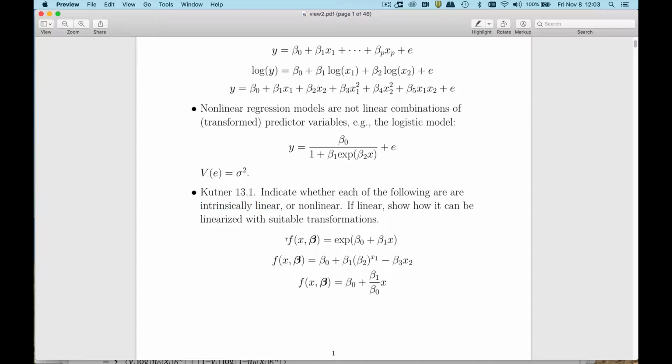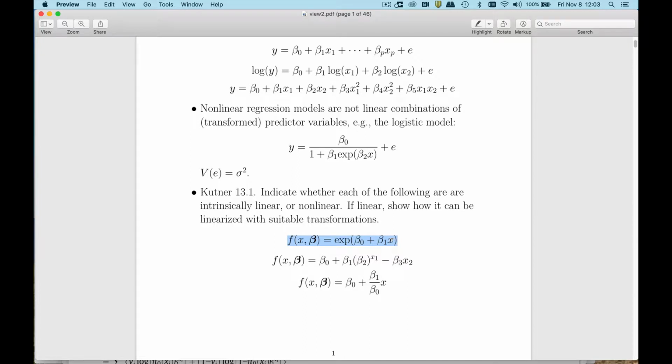This first function is intrinsically linear because if I were to take the log of both sides, I have the log of f, and then on the right the log of the exponent cancels out, and we're just left with beta naught plus beta 1 times x.